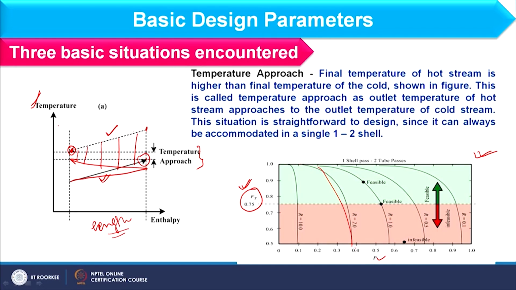It means at each point heat transfer becomes feasible. Okay. So, if this is the case, the Ft factor will lie in the feasible zone where the Ft factor will be greater than 0.75. Okay. Now, why have I put the bar of 0.75?